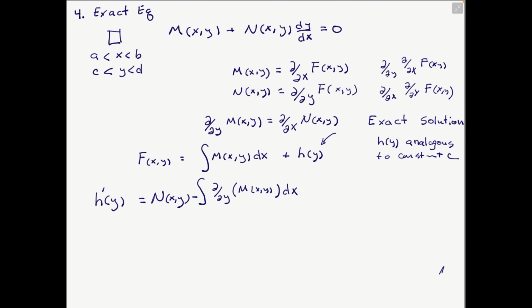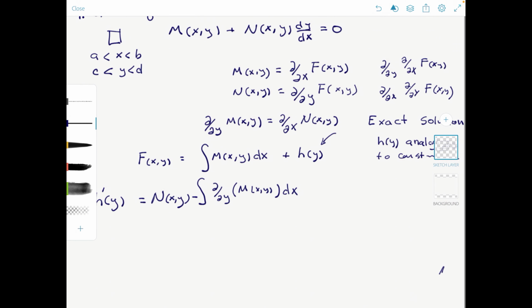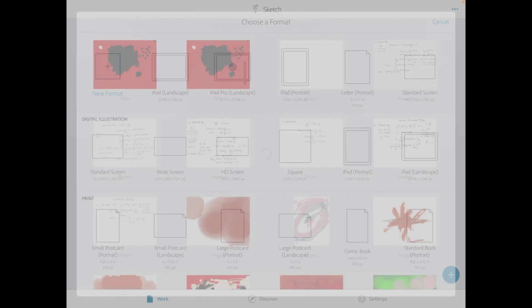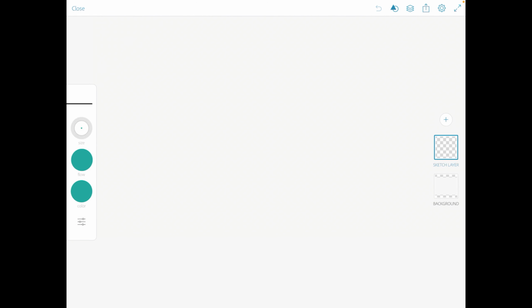Oh, I'm sorry, I gotta be more careful. This is h prime of y equals N of x, y minus this. So now we have the two conditions. And that's how we solve these equations.